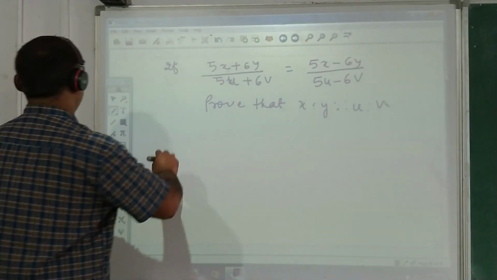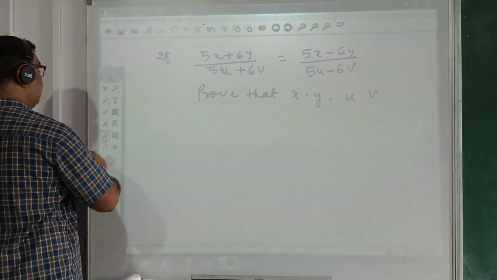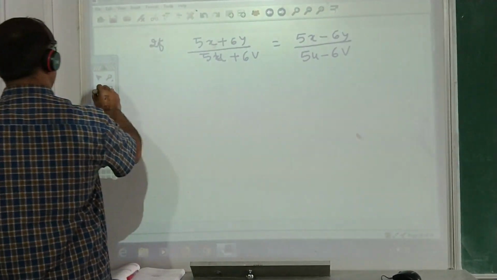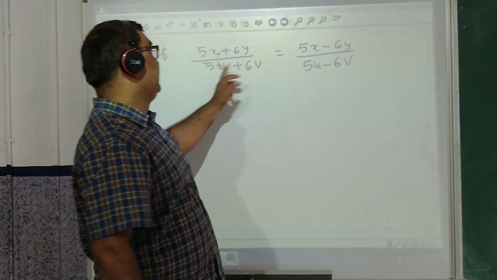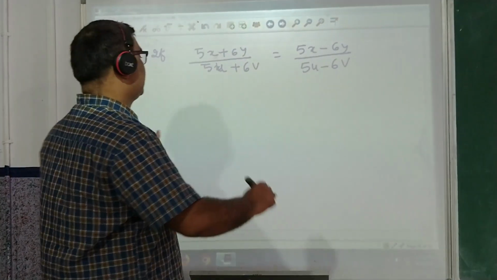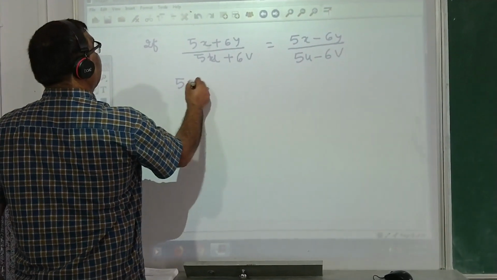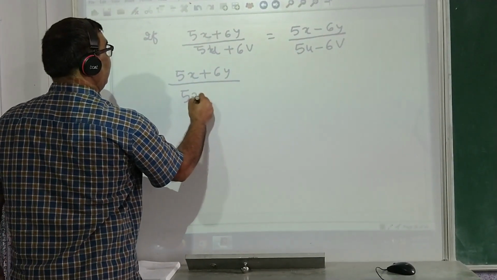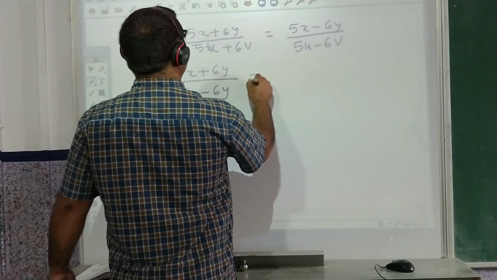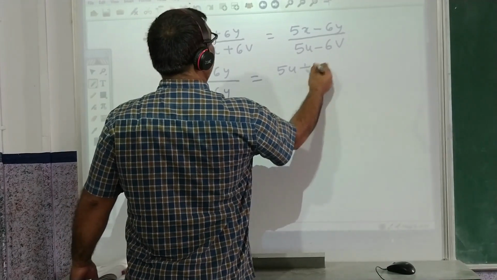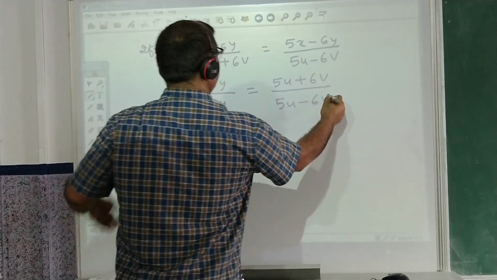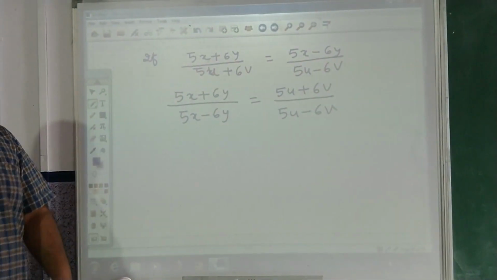So very simple. I am using the terms that I have discussed. So here x and y, u and v are there. So can I write (5x plus 6y) divided by (5x minus 6y) is equal to (5u plus 6v) divided by (5u minus 6v)? Using which property?